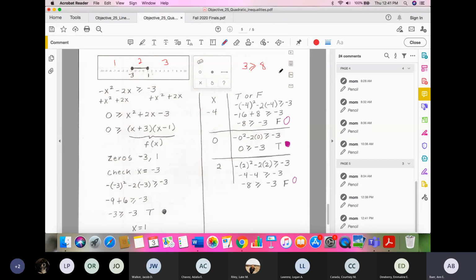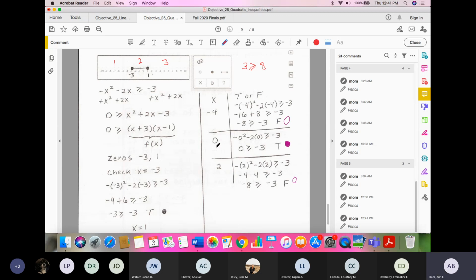And you could look at it like that. Is 3 greater than or equal to 8? No, it's false. Either way you look at it, you get false. So you can move it around like that if you don't like to work with the negatives.